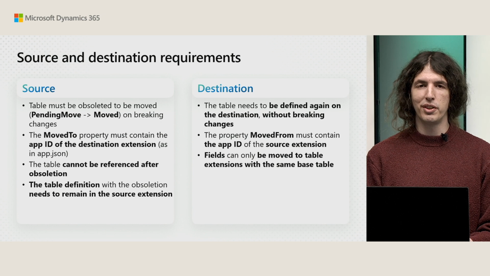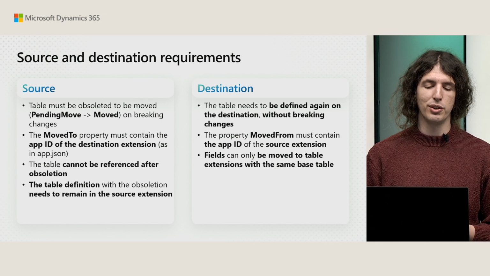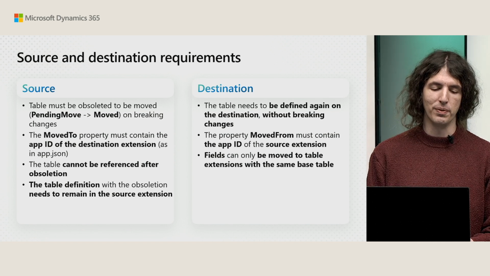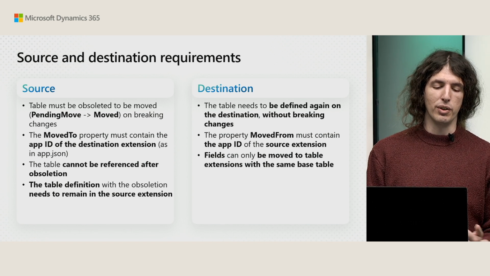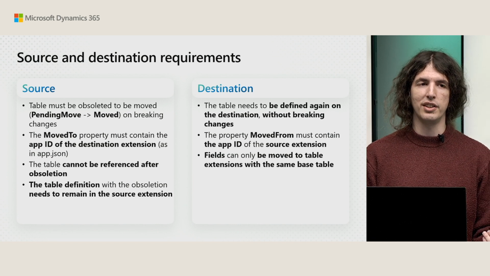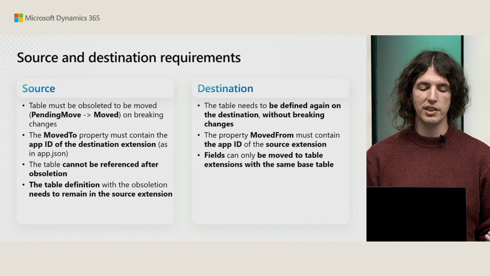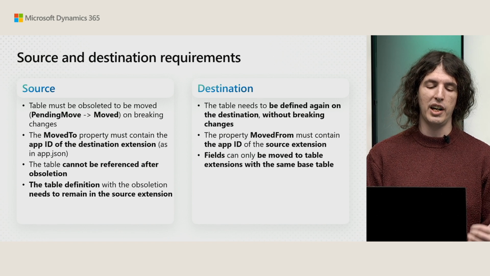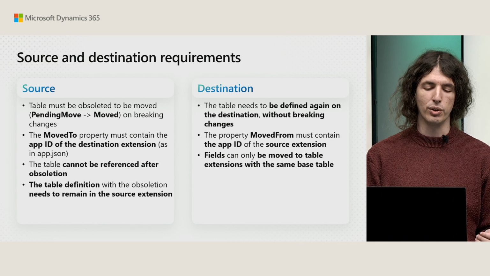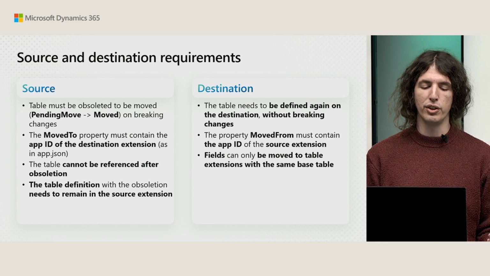Let's talk a little bit about the requirements between the source and the destination. What needs to happen for this move to be successful? First of all, if we are moving a table, and we are moving it with a breaking change, that is, we are moving it higher or to an app which has no relation with the source, then we need to use obsolescence before moving it.